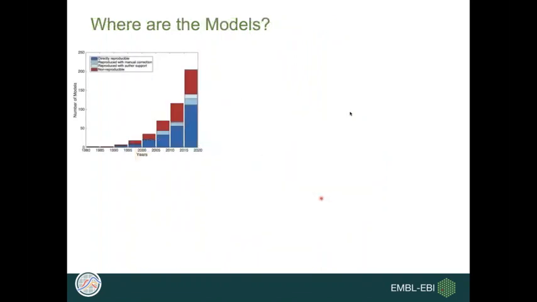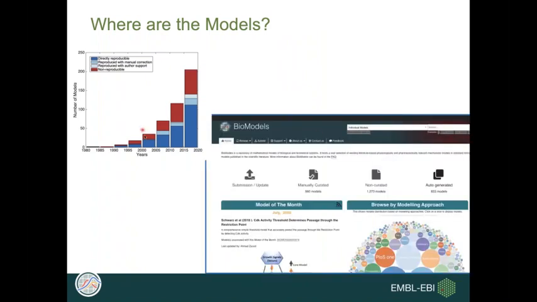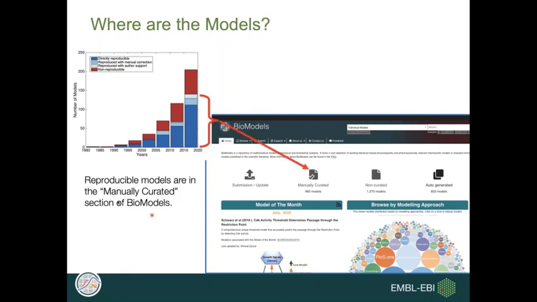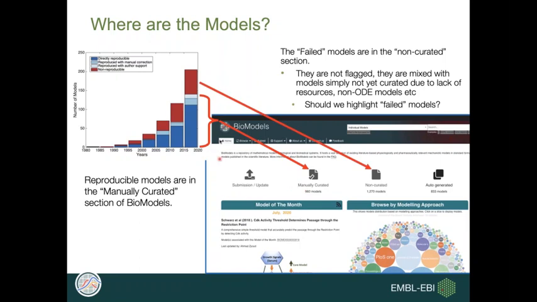As I told you, all the models in the study are in the BioModels database. The list of these models will be out with the associated publication when it's published in the journal. All the models that we managed to reproduce directly or with some extra effort are submitted to BioModels under the manually curated branch, and the models which are non-reproducible at all are submitted under the non-curated branch.